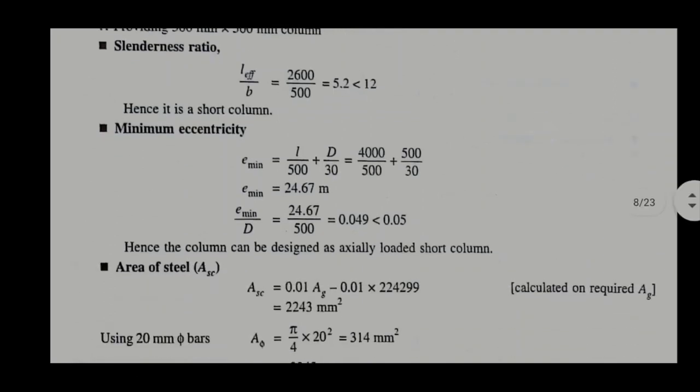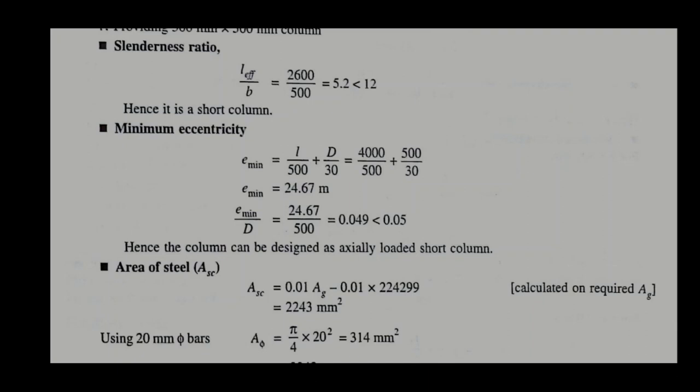Now area of steel Asc is 0.01 Ag, that is not minus, this is a printing mistake, this is actually equal to. So Asc is 0.01 into Ag. We know the value of Ag as per calculated, which is required actually, as per requirement.